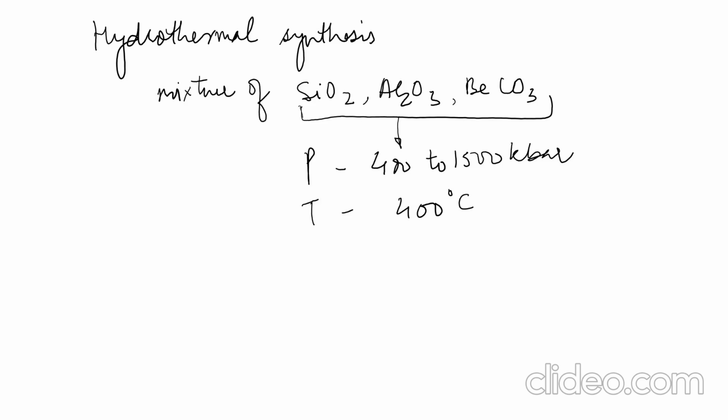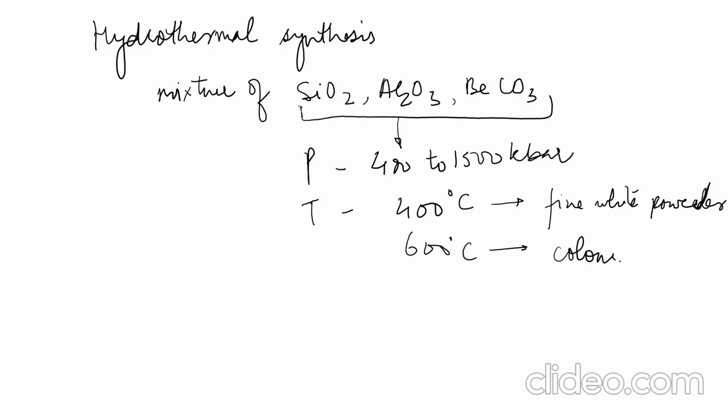At 400 degrees Celsius, the beryl appears as fine white powder, while at 600 degrees Celsius, they appear colorless.